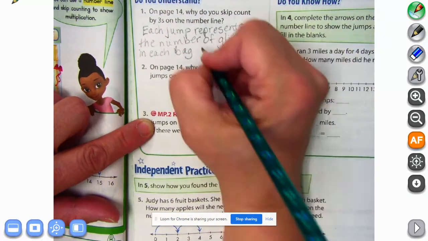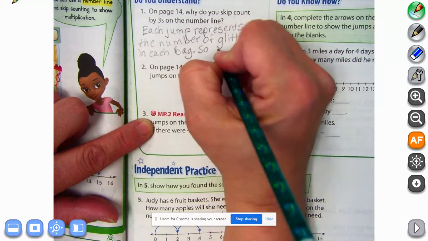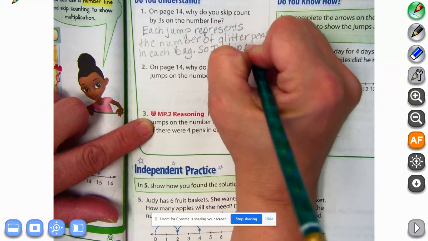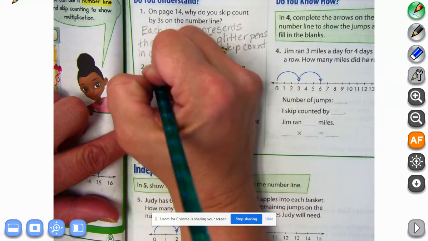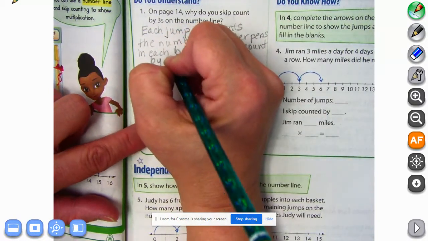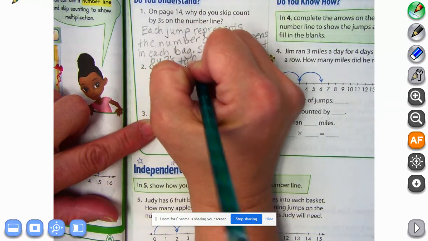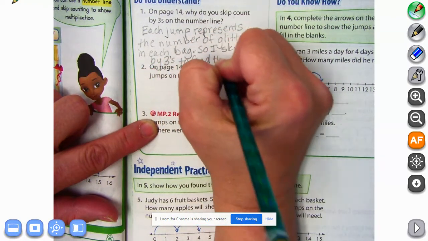Okay, so I skip count by 3s to find the answer.